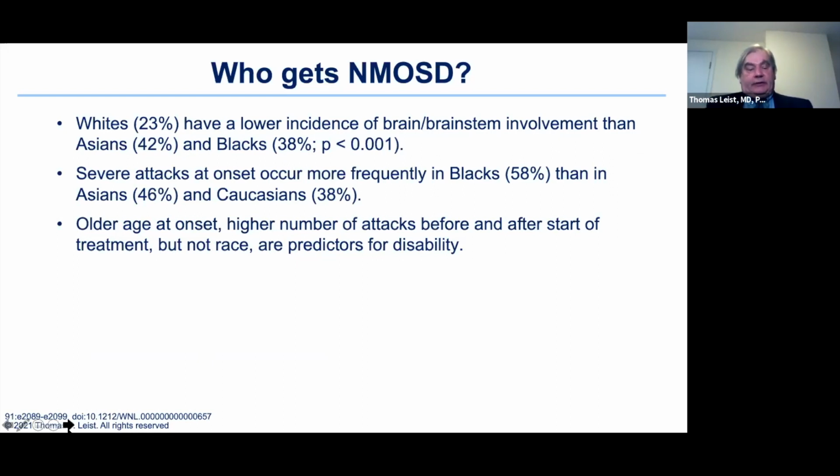And severe attacks are a little bit more frequent in blacks than Asians and Caucasians. In general, an older age of onset is a little bit more concerning because it could lead to earlier disability, which then also puts pressure on us to come relatively quickly to a treatment. And this I will revisit with you when we talk about clinical considerations.